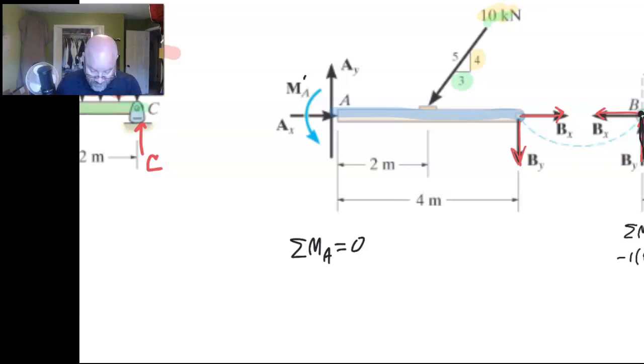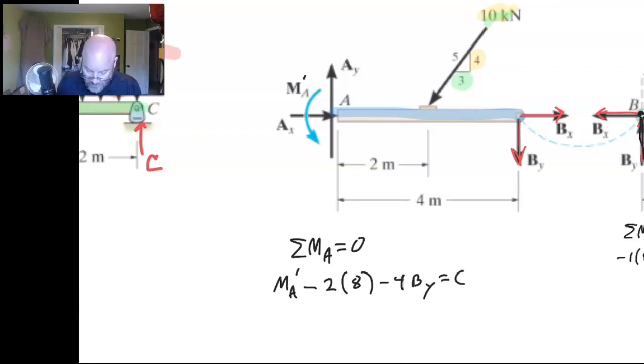So if I look at this, then I'm going to have a positive moment, MA prime. And then my 10K force is going to produce a negative moment, so it's out there at a distance of 2. The vertical component is 8. And then BY is down. It's at a distance of 4.